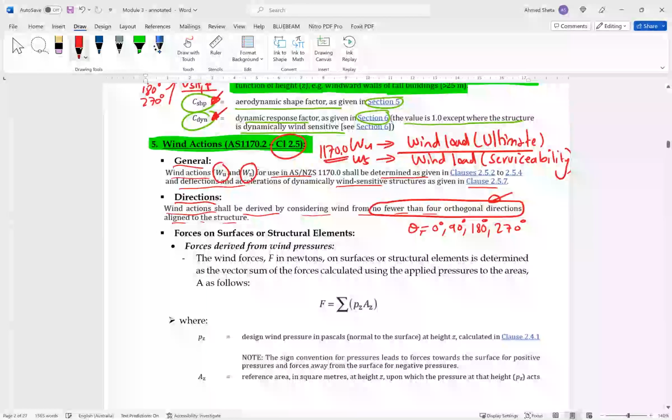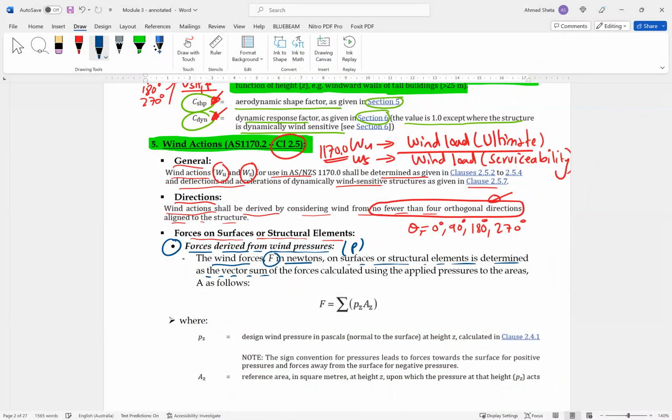So how to calculate the forces on surfaces or structural elements? We have two methods, or two procedures. The first is force derived from the wind pressures. After we get the wind pressure p as previously, you can find the force F from this. The wind force F in newtons on a surface or structural element is determined as a vector sum of the forces calculated using the applied pressure p on the areas A as follows.